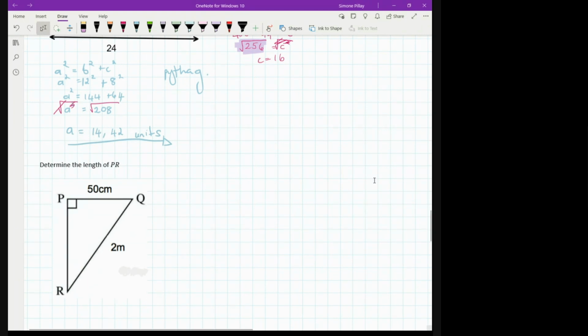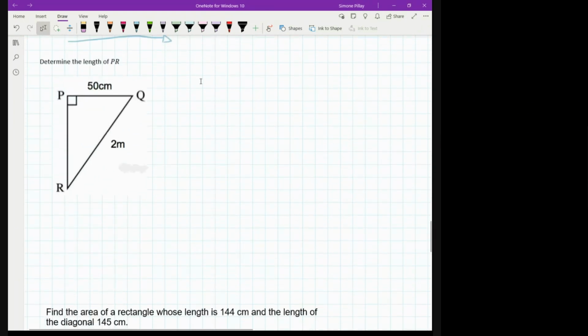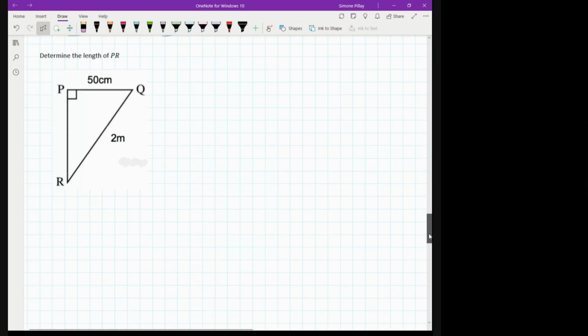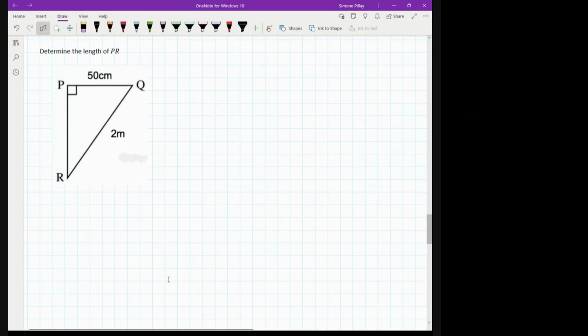Uma, let us try and answer this one. What are your thoughts? A squared is equals to B squared plus C squared. Then you're gonna say 2 squared is equals to 50 squared plus PR squared. Oh wait. We have to convert 2 meters into centimeters.